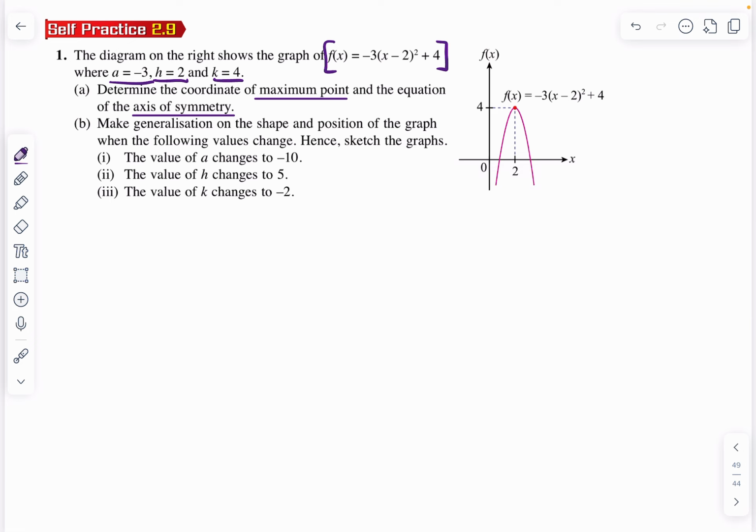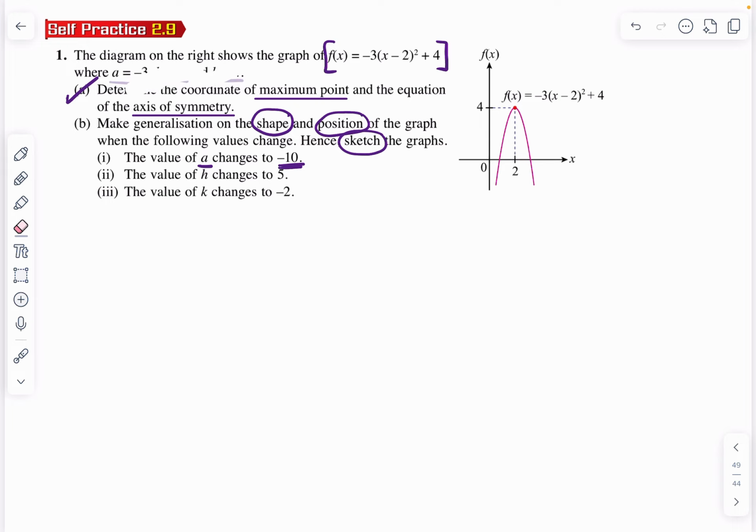Okay, let's look. So A done. Let's look at B. Make generalization on the shape and position of the graph when the following values change. Hence, sketch the graph. Okay. So when the value of a changes to -10. Okay.